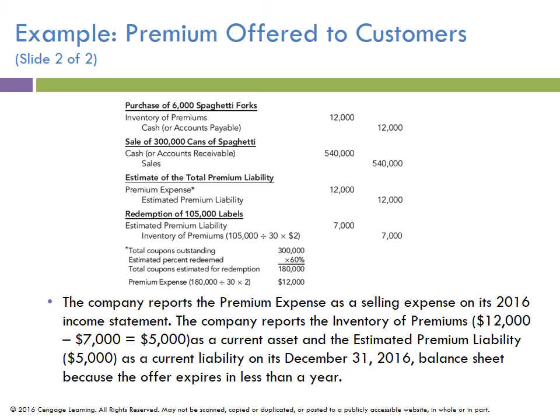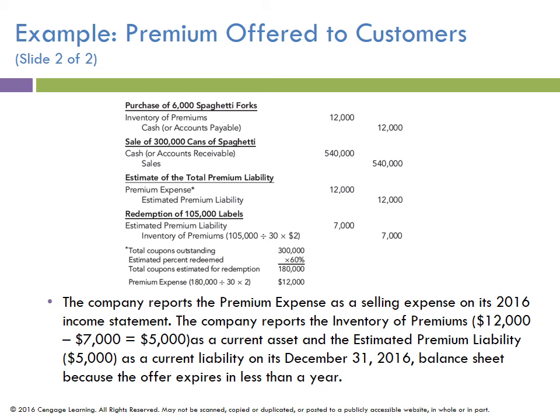Okay, so that means now they have to calculate how many spaghetti forks they think they're going to send out. 180,000 labels divided by 30 labels per fork times $2 is $12,000. So it just happens they think they'll send out all the spaghetti forks they bought. So they debit premium expense, credit estimated premium liability. Not inventory, not until they send them out.